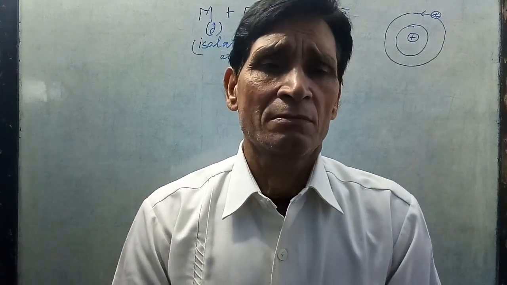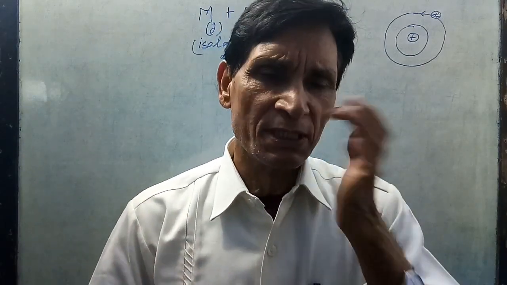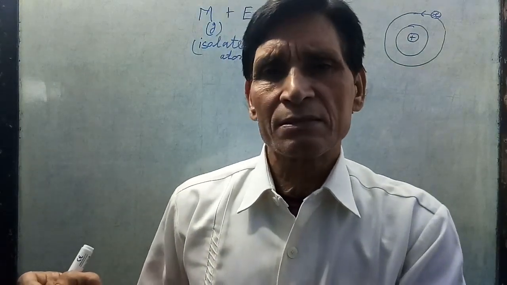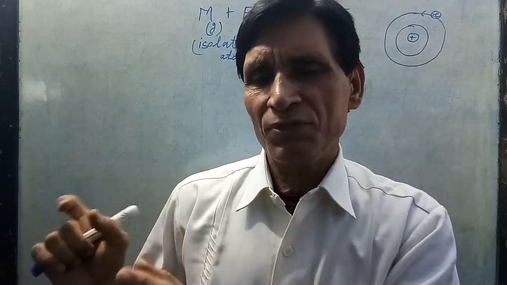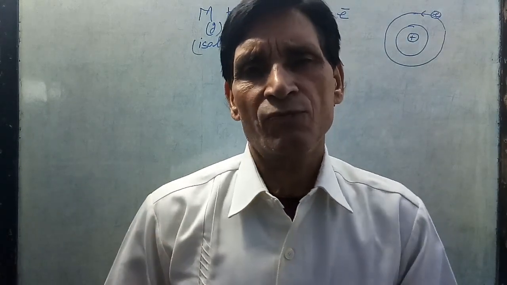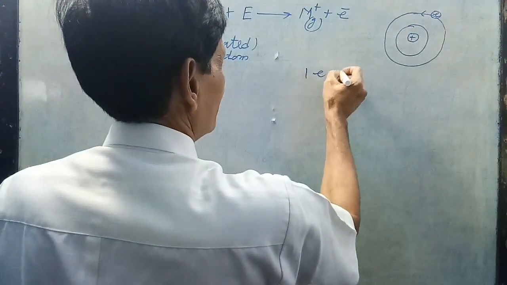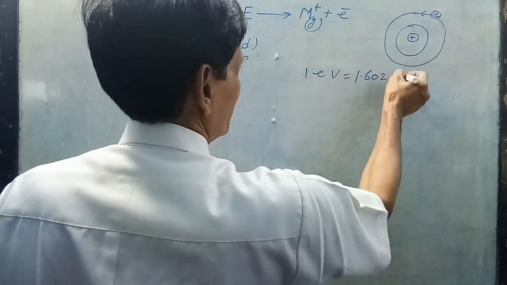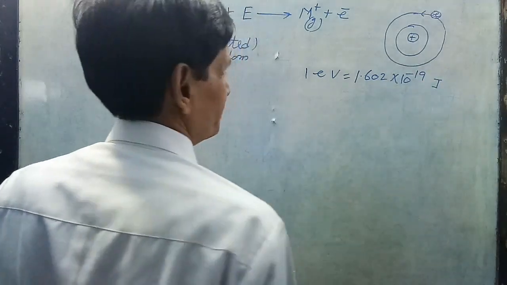Now, some more thing I want to tell you, electron volt. Actually, electron volt is the energy of an electron moving in the fall of potential of 1 volt, that is moving in the potential difference of 1 volt. 1 electron volt equals 1.602 into 10 to the power minus 19 joule.